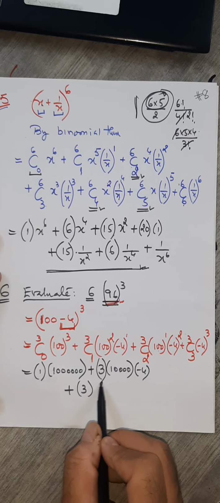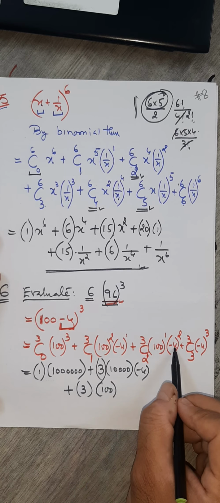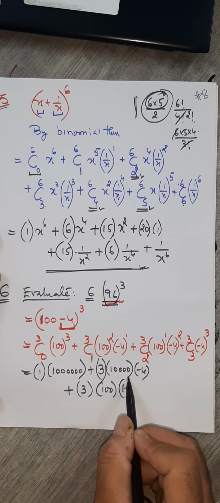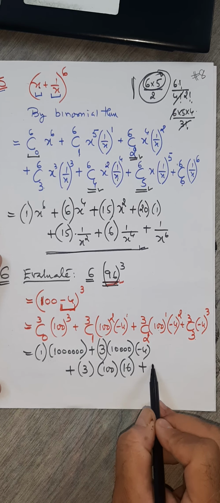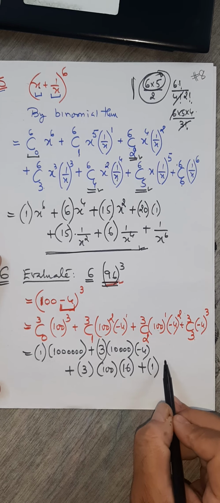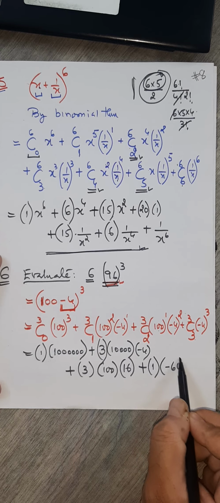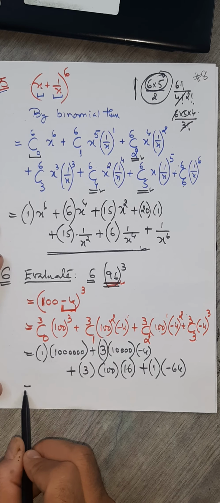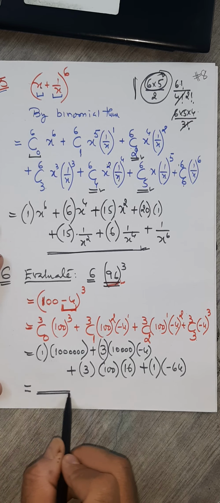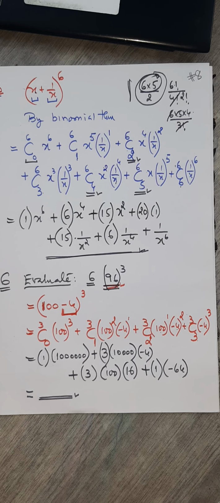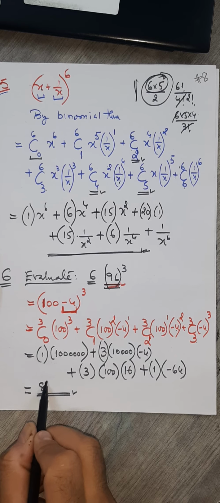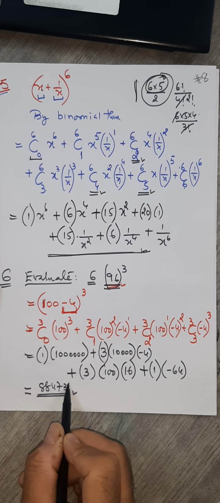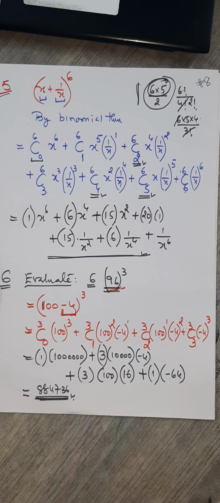Right? This is 100 here, into (minus 4) square, which is 16. What about this here? 3C3, that is just 1, and you have minus 64. You simplify all this, so you will get the value of 96 the whole cube. So if you simplify, you will get 884736, just to verify. Fine.